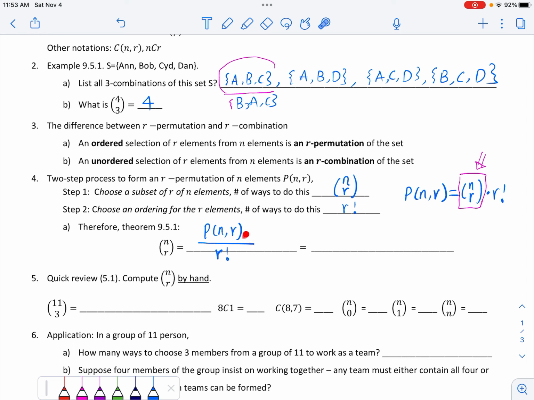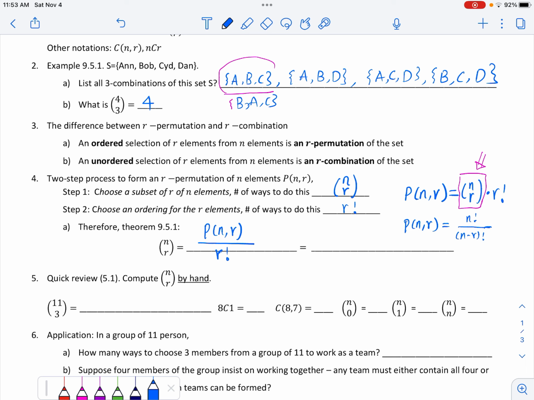And if you recall, back in an earlier section, how we compute the permutation: the r permutation of n is equal to n factorial divided by n minus r factorial.